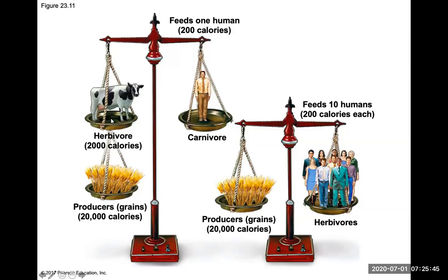Whereas if someone is a carnivore who eats meat, the cow itself has to first grow and it will eat these 20,000 calories grown by the producers to make a cow. And then we eventually can only feed one human with that cow over the course of maybe not a lifetime, but several years.